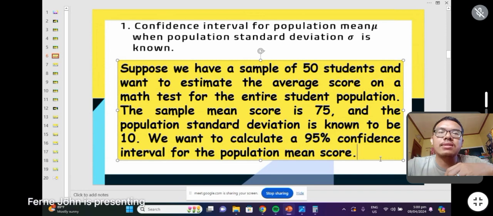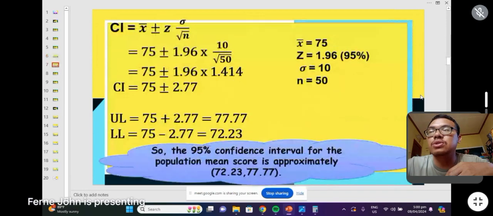So to solve this problem, to calculate the population mean score, we will use the first general formula, which is confidence interval is equal to bar x plus minus z times standard deviation over square root of n.